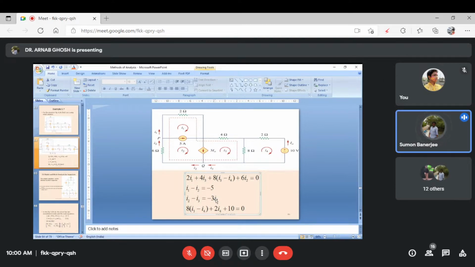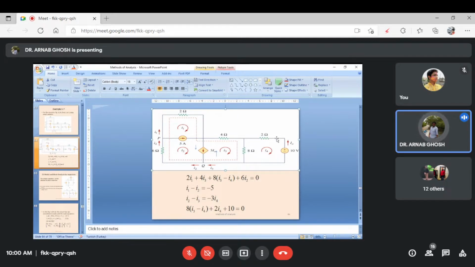Sir, please repeat once more. Okay, see, I2 minus I3 is 3 into capital I0, because I2 is flowing in this direction and your I3 is flowing in this direction, right? So your I2 minus I3 is 3 I0.